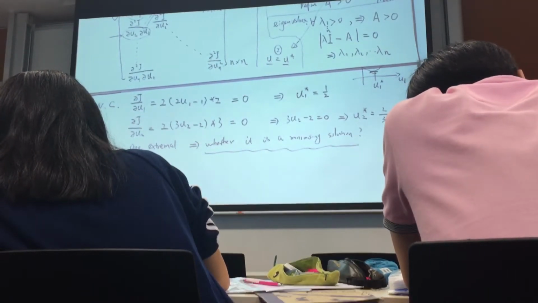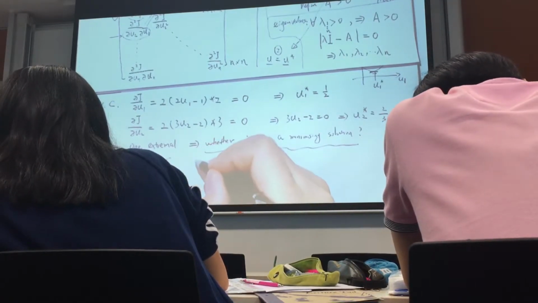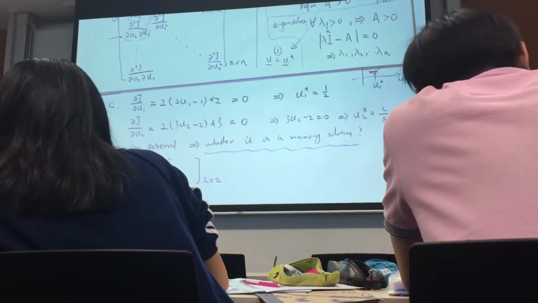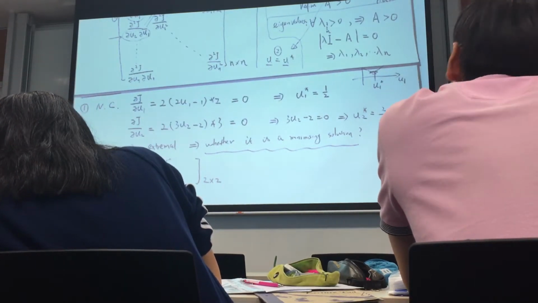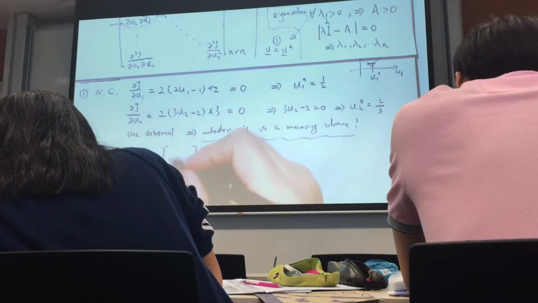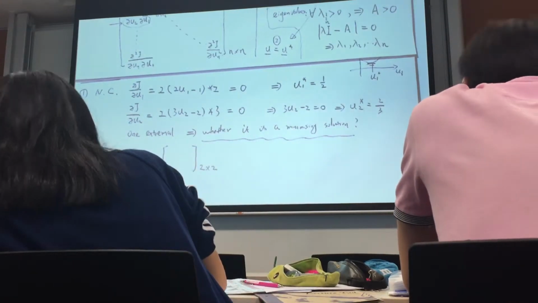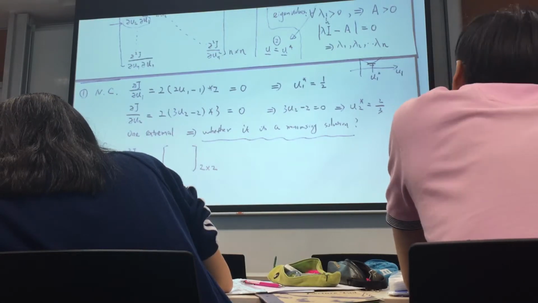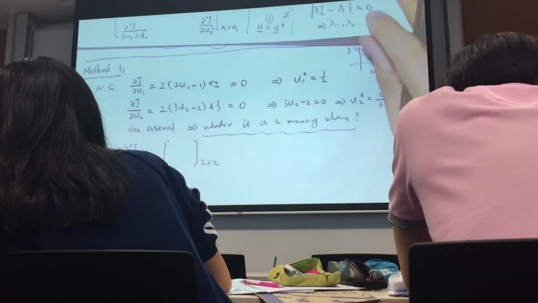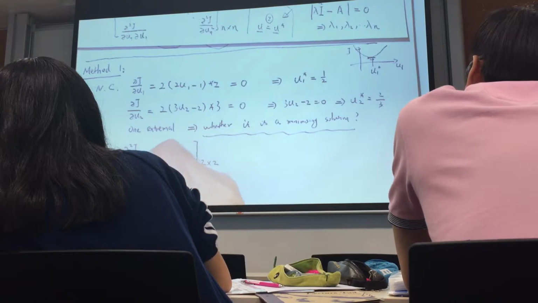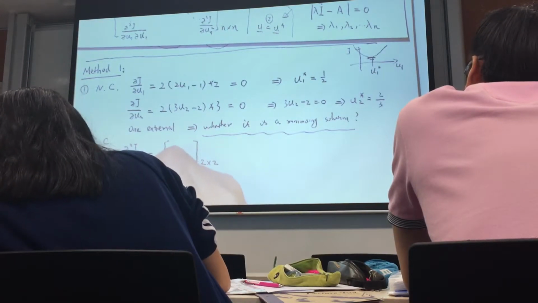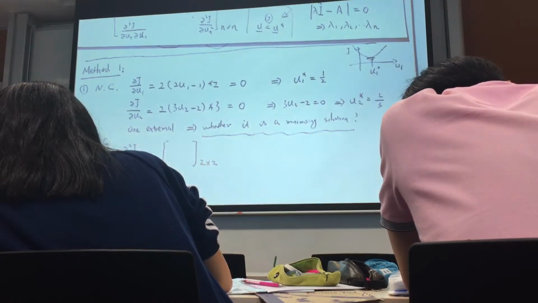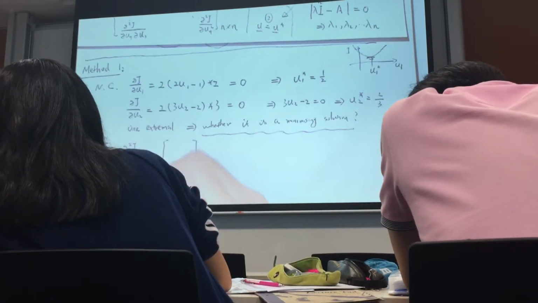In this case we get a 2x2 matrix with 4 components, and we need to determine the 4 components one by one. The first component is given by d²J/du1².